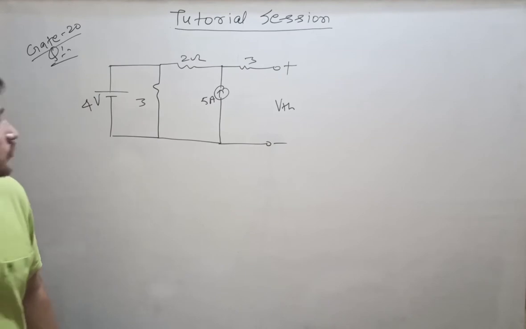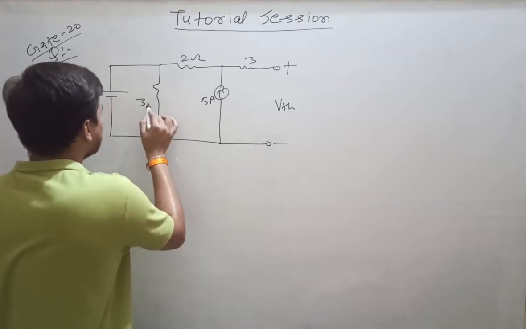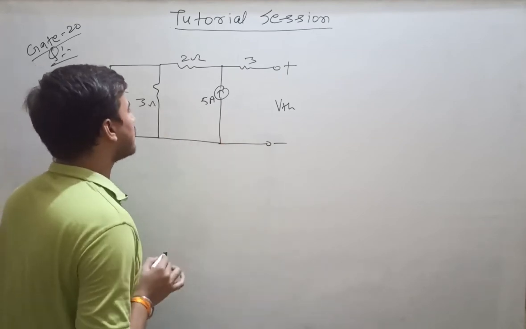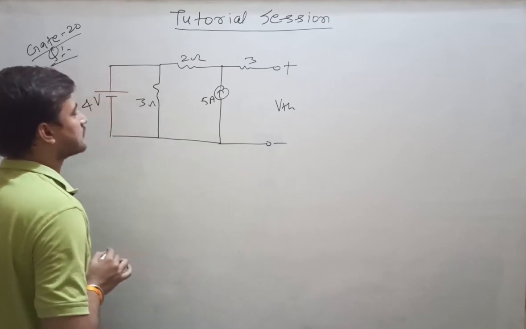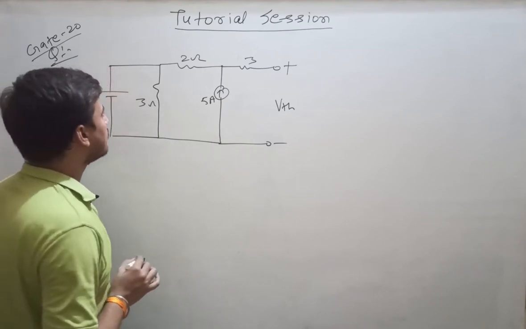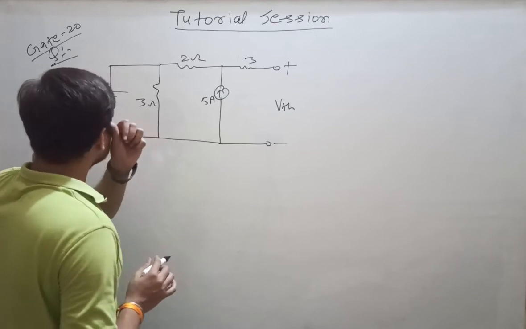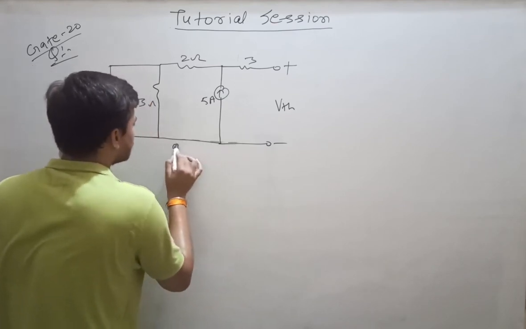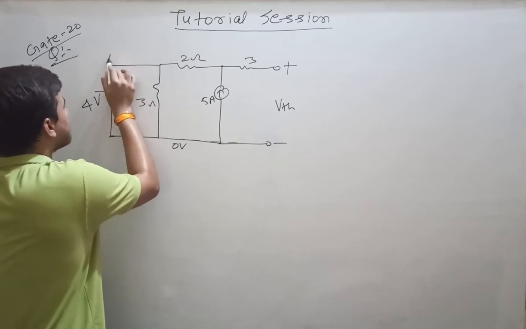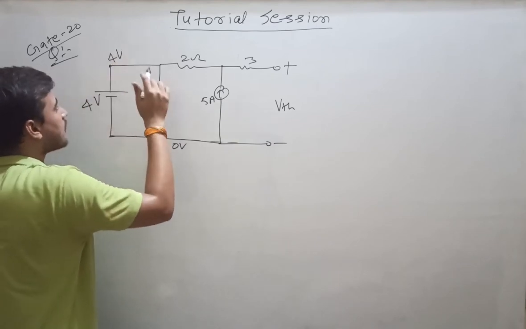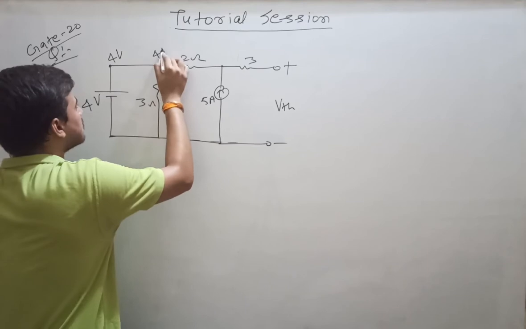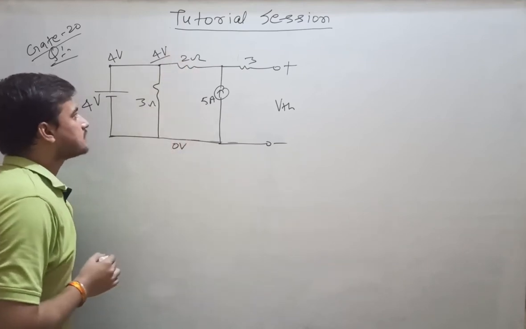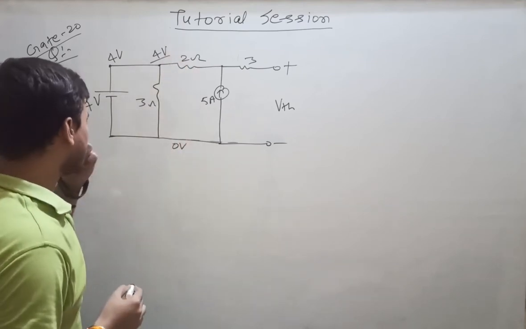So let us see how to calculate the value of VTH. See here. This is the ground terminal, potential is 0 volt. At this point potential is 4 volt. It is connected across a resistor. Potential is 4 volt. Clear?